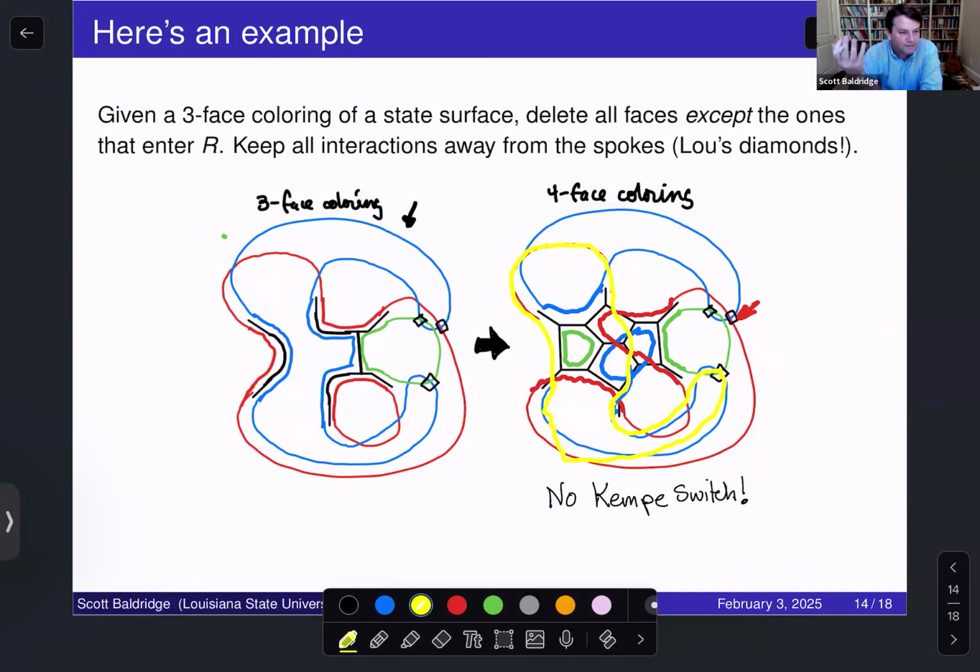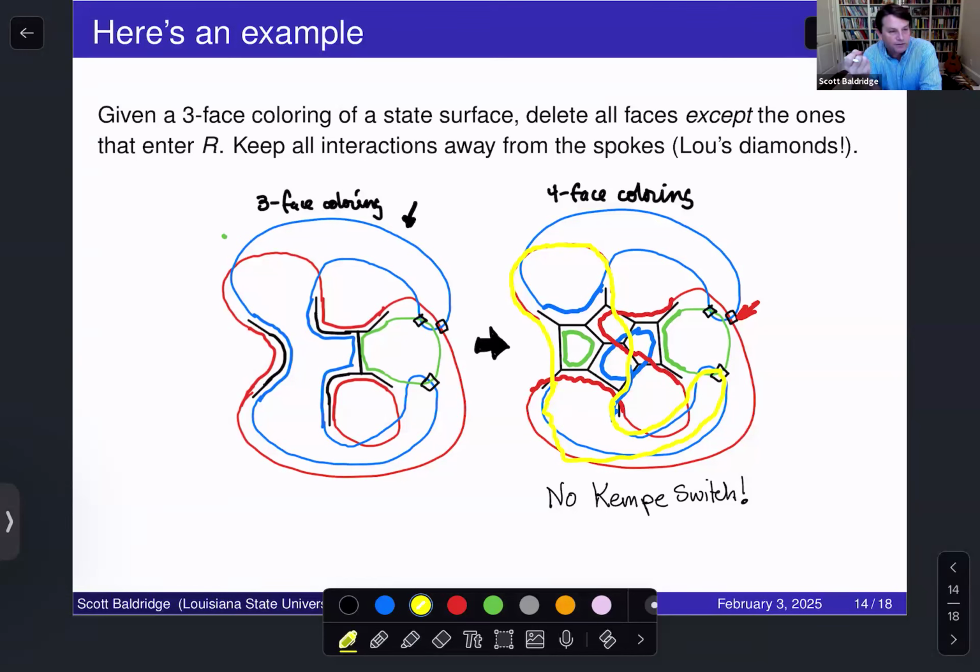I can replace that red and that blue with the yellow, and now that's a four-face coloring. That four-face coloring now translates directly into a four-face coloring on the original graph, i.e. I've just four-face colored the original graph.